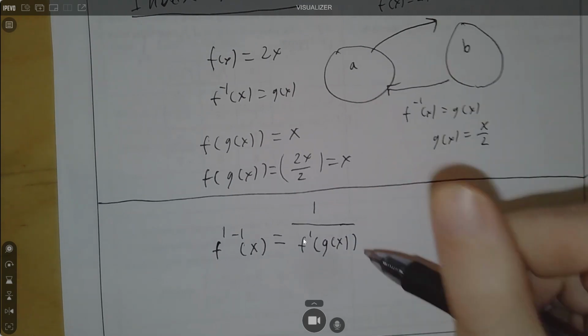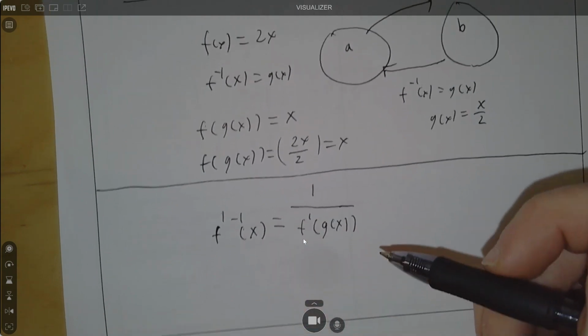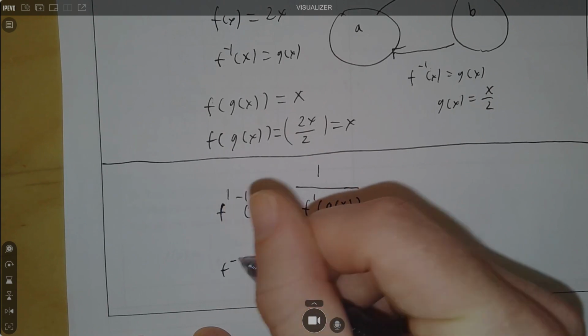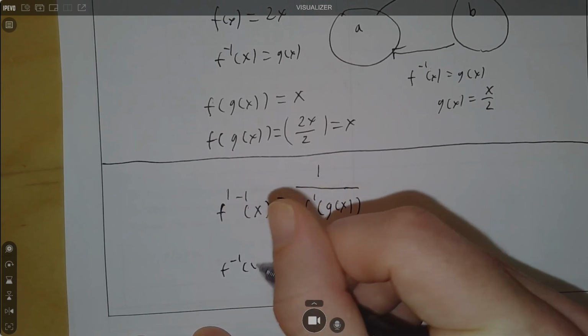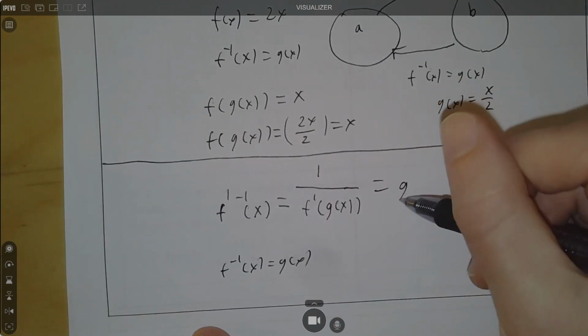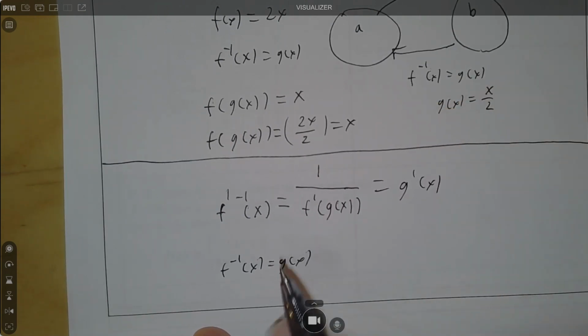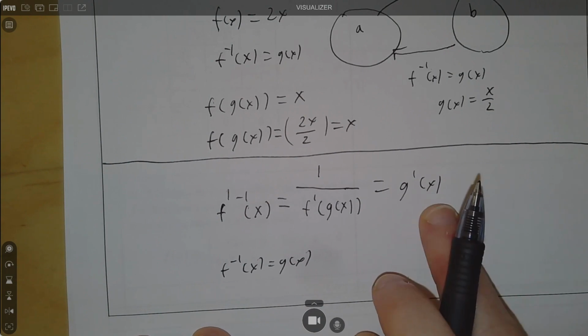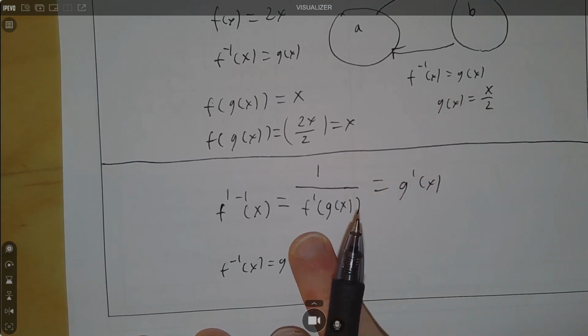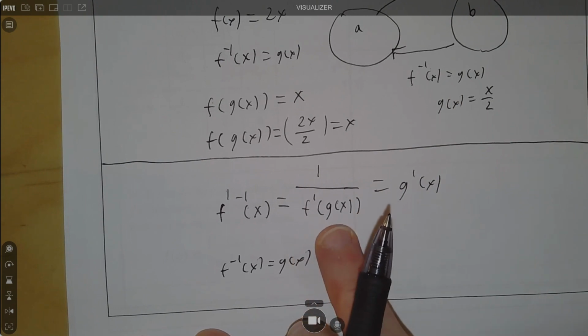Remember that the inverse is g of x. So if g of x is the inverse, then the derivative of g of x would be 1 over the original's derivative at the input of g of x.